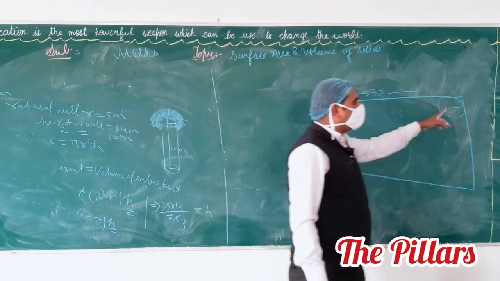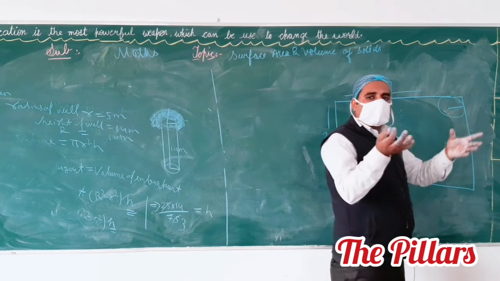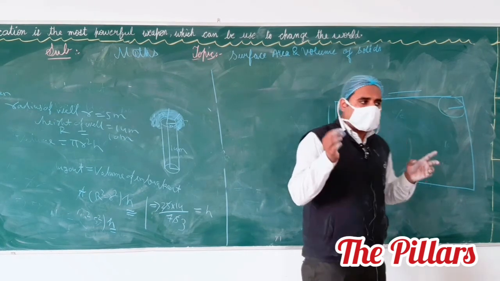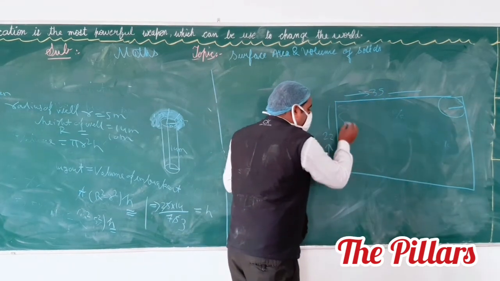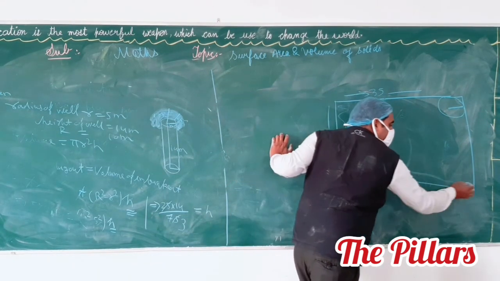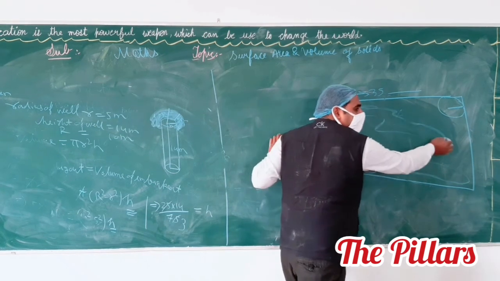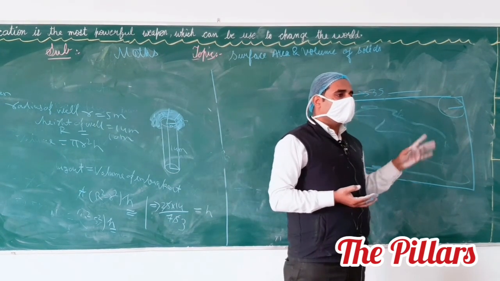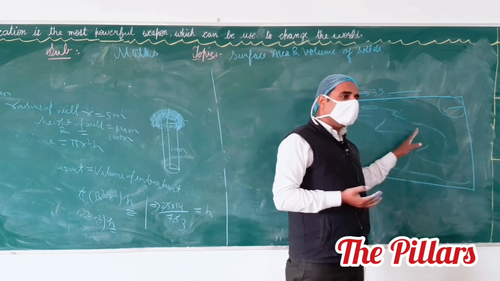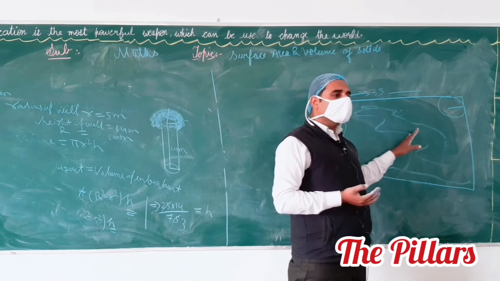Whenever you dig out a well at any corner, the soil has to come out or not? The question tells us that this same soil, this volume of soil, we have to spread over the whole field. How much will the height of this field increase?